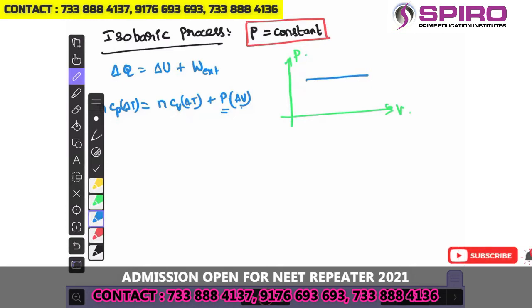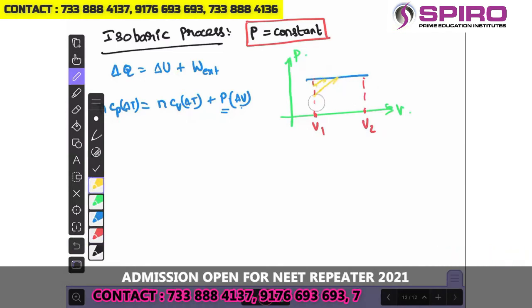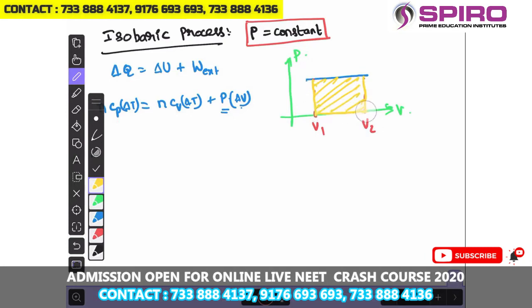Consider two different volume points, V1 and V2. Between V1 and V2, the area under the PV graph with the volume axis will give you the work done. It is clearly a rectangle, and this rectangular area gives you the work done.